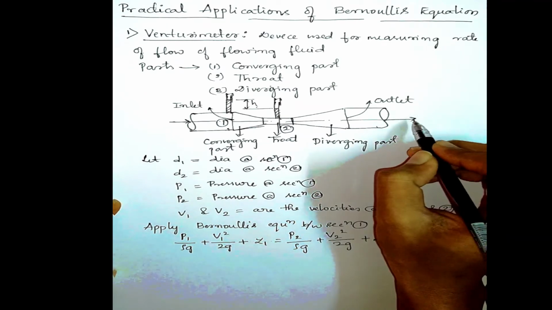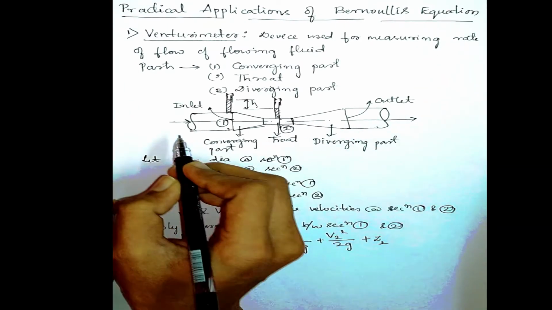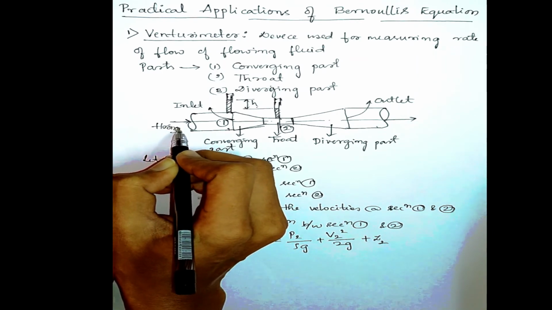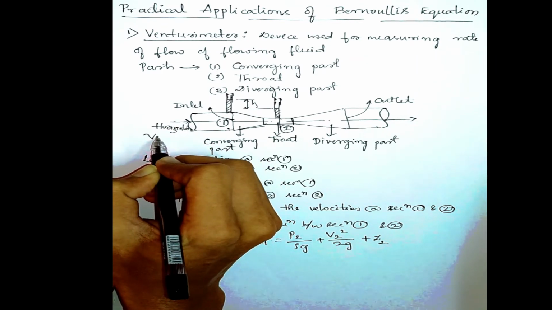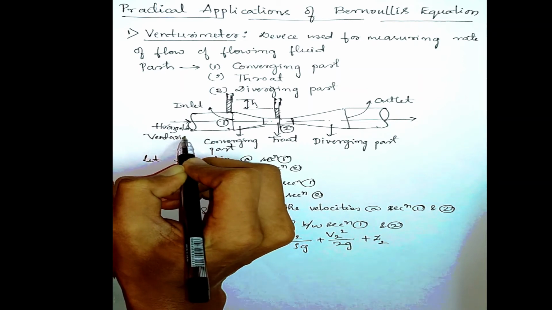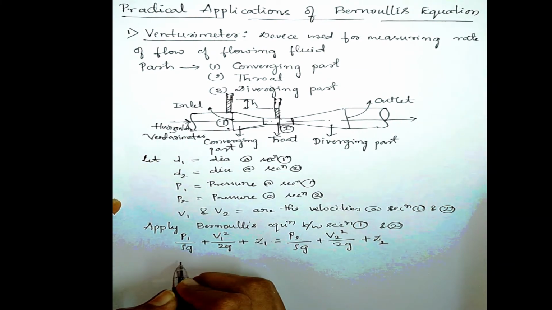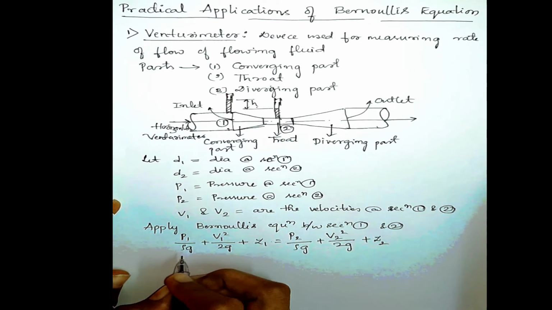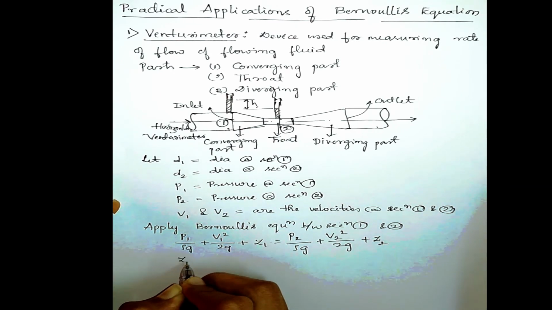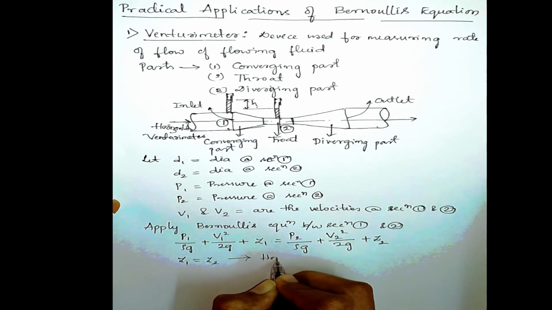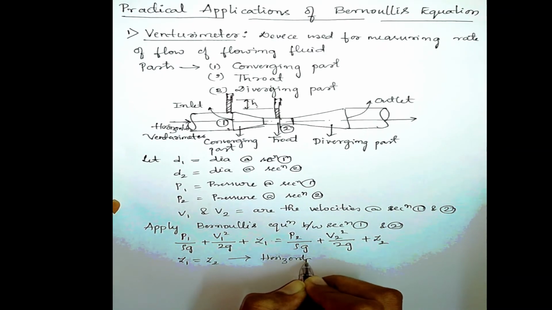Here we have considered a horizontal Venturi meter, so Z1 will be equal to Z2.